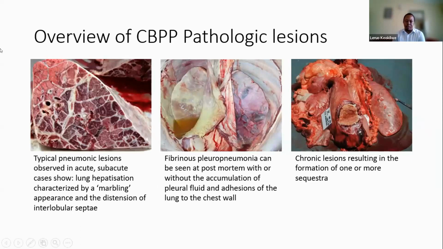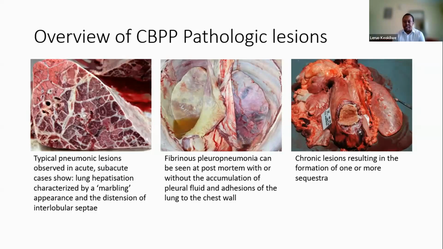We looked at the pathologic lesions of CBPP, and this is just to refresh your mind, because really we are looking at utilizing the work that is being done at the abattoirs. We talked about the meat inspectors. We want to be able to use the abattoir as a surveillance point for CBPP.